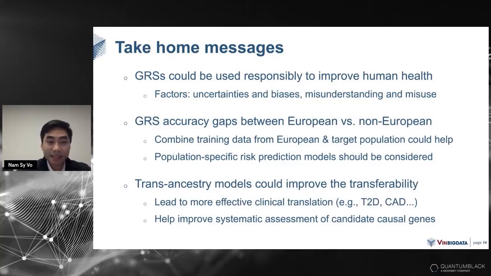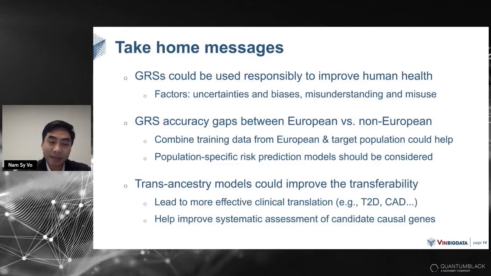So also another thing is the trans-ancestry models could improve the transferability. For example, it can lead to more effective clinical translation, like some examples that already showed for type 2 diabetes or cardiovascular disease. And we also can help improve systematic assessment of candidate causal genes.